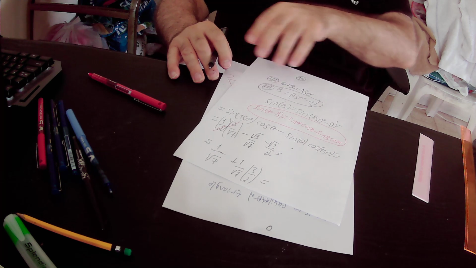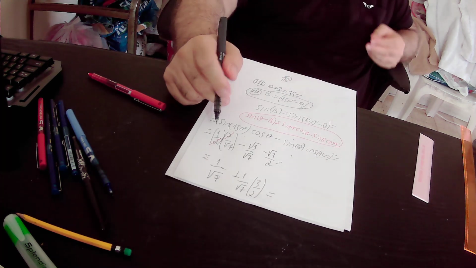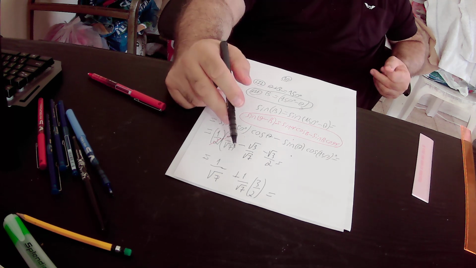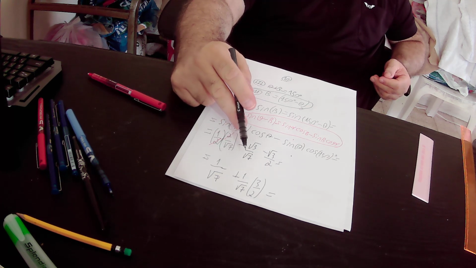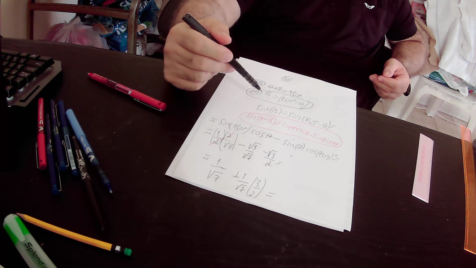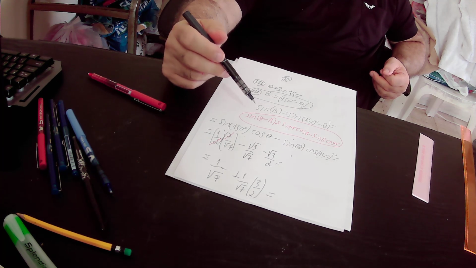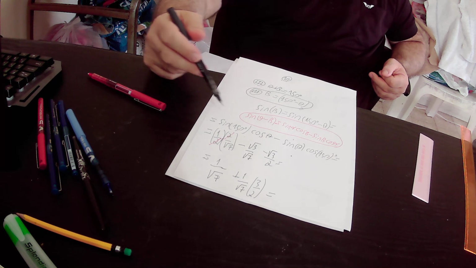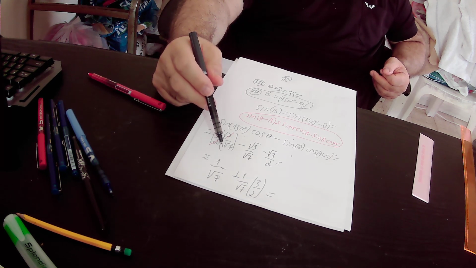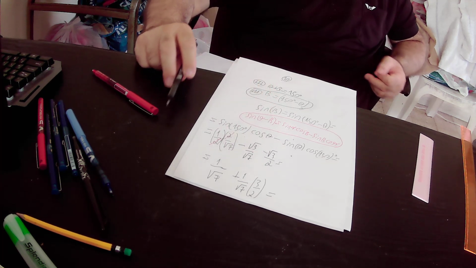So in total we got that 1 over root 7 plus 1 over root 7 times 3 over 2, that is the value of sin beta. Okay, in the next step we will take out 1 over root 7 as a common factor of this expression.